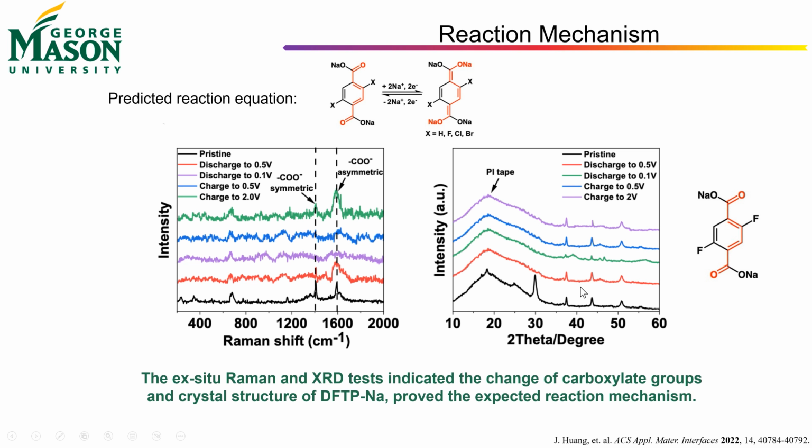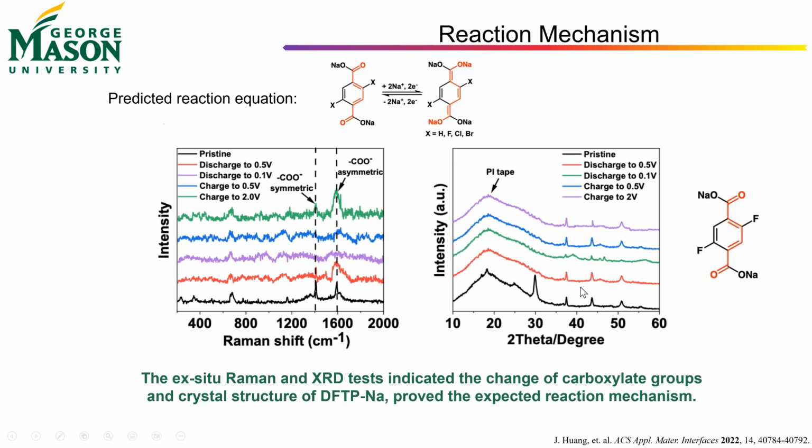From the Raman spectra, the 2 peaks at 1400 and 1600 represent the carbonyl group, and they disappear when the battery was discharged to 0.1 volts, and they recovered when the cell charged back to 2 volts, which means it was the carboxylate group that had the redox reaction during the charge-discharge process.